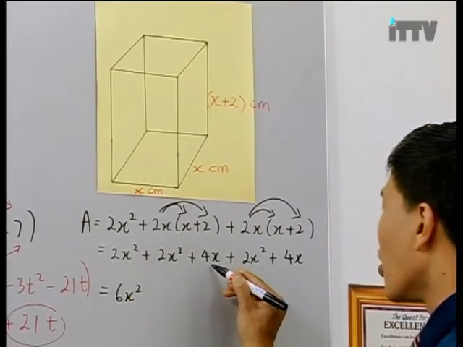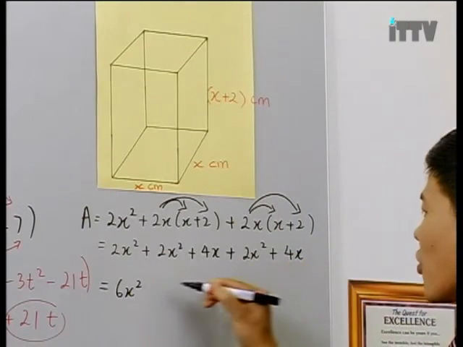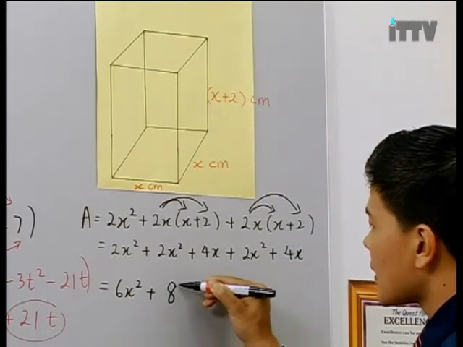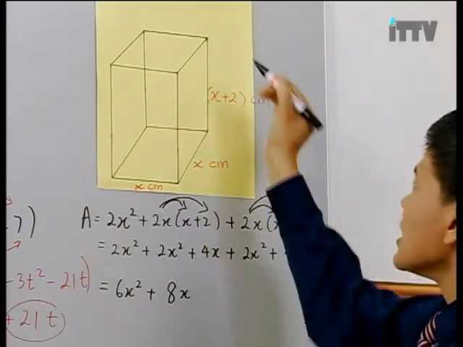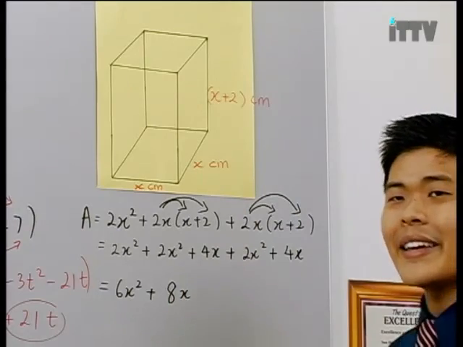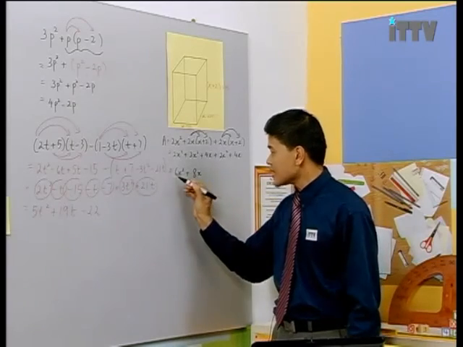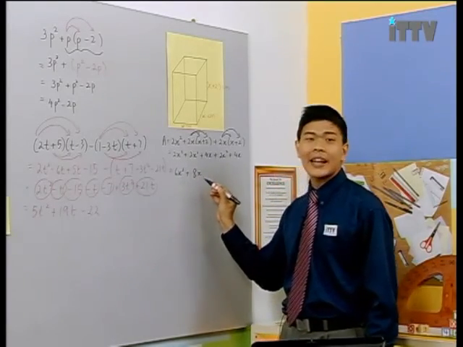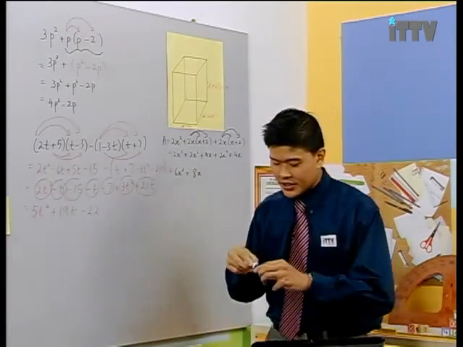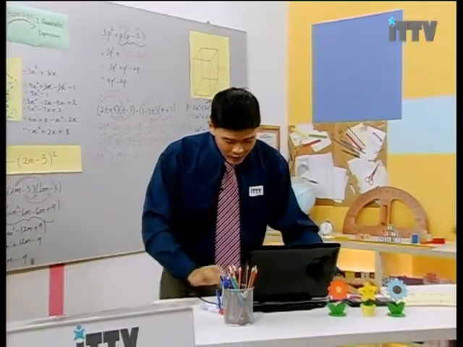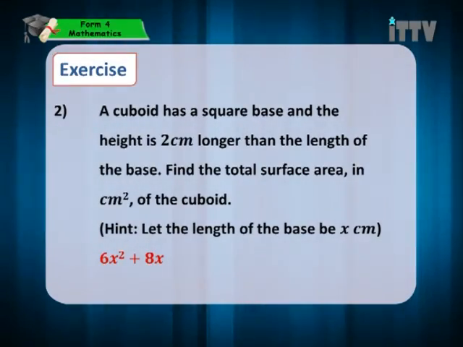And there is 4 of x plus another 4 of x, 8 of x. So actually the area of this whole cuboid in terms of x will be 6x squared plus 8x centimeters squared, since we do not know the length of x. Alright, so the answer is there.